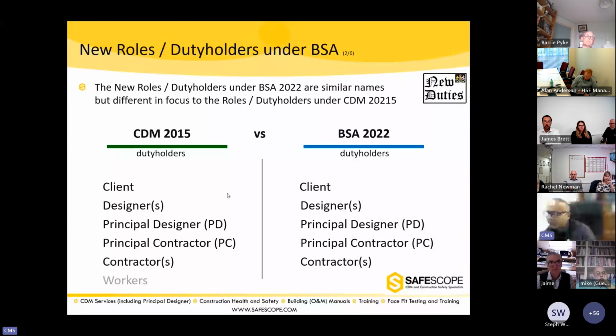But then we need another principal designer role appointed to look after the Building Safety Act. So are we talking that there will be one principal designer or two? We'll come to that. For the principal contractor, we expect there won't be two different parties appointed to act as principal contractor on a project. So the same principal contractor will end up taking on the CDM duties, but also the Building Safety Act duties. And the contractors will have duties from both aspects, CDM and the Building Safety Act.